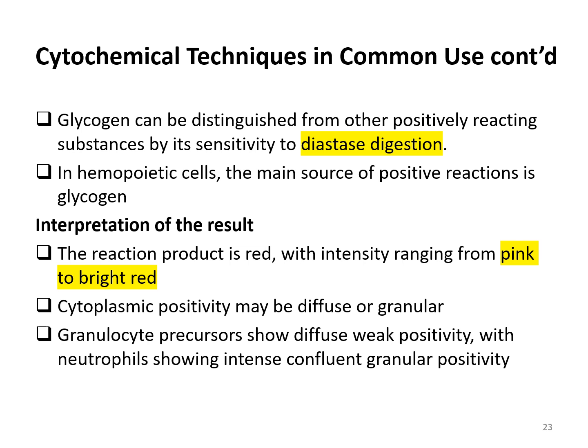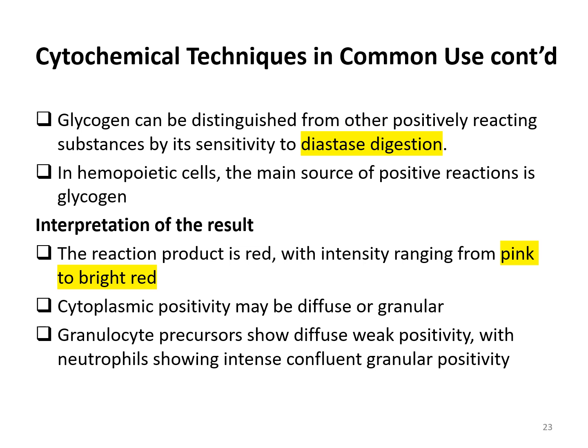It may vary in intensity from pink to bright red. Cytoplasmic positivity may be diffuse or granular. Diffuse means that you cannot really see the granules, and when it's granular, there are visible spots in the cytoplasm.